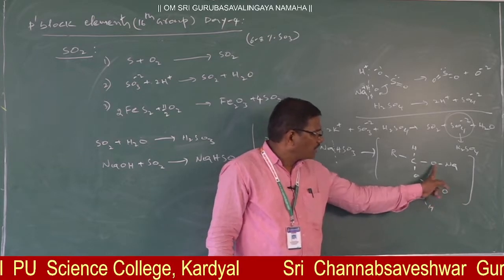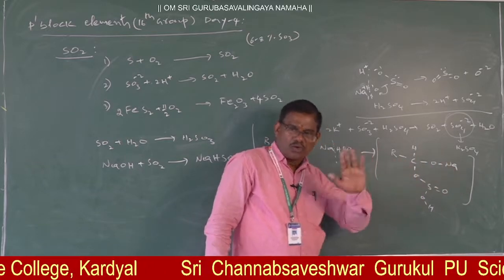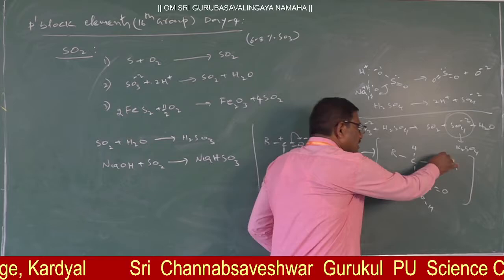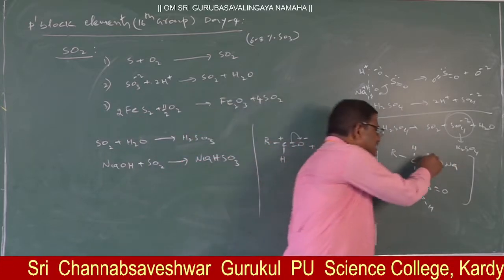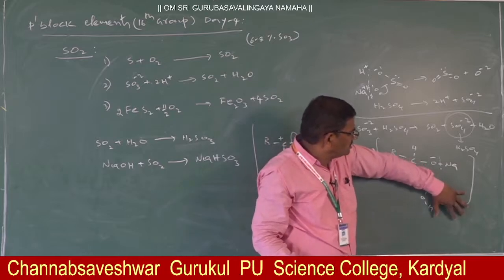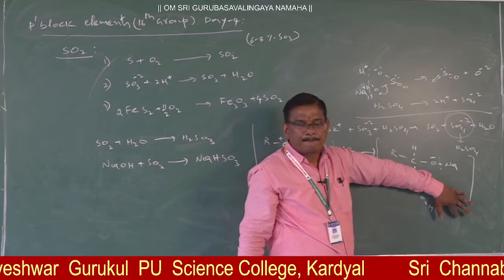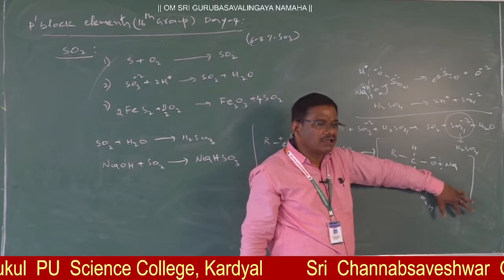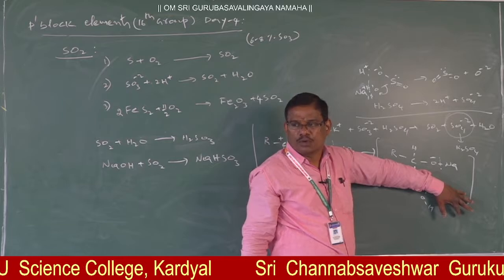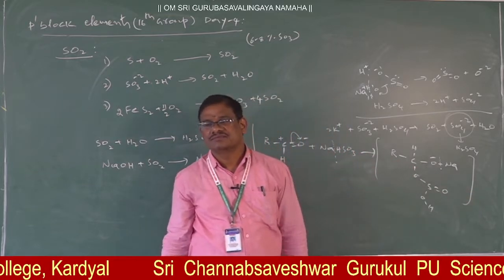Correct? Here this O is attached to Na. Suppose for an instant I am breaking this; whatever is there, assume it is not there. That is an alkoxide, the anion of alcohol. If alcohol releases the proton, that is the anion.